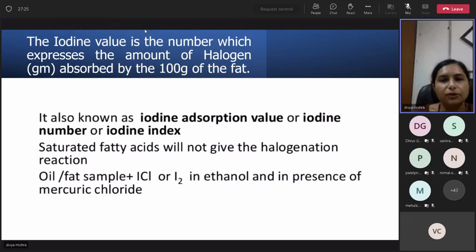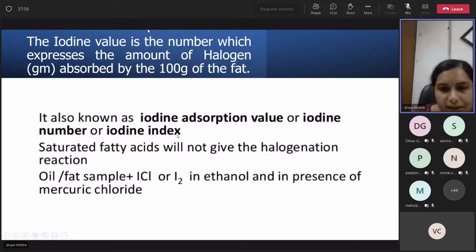So this iodine value is also known as iodine adsorption value, iodine number or iodine index. Now, when we started this lecture, I mentioned that there are two types of fatty acids, saturated and unsaturated. So now you might correlate the utility of this iodine.